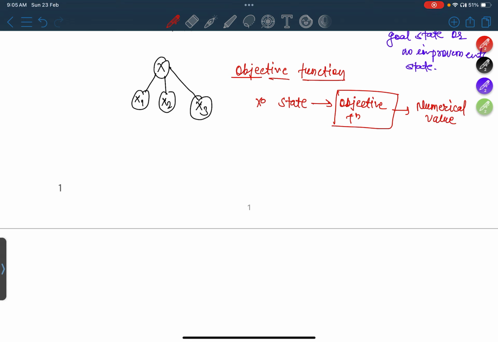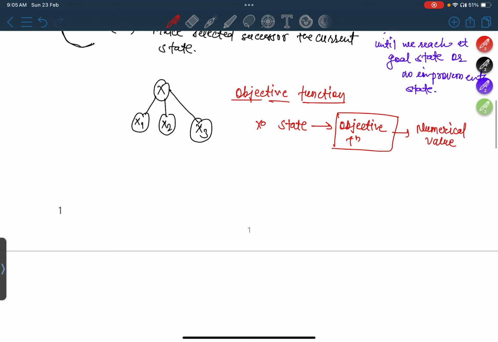It can also be called a heuristic function itself. So we can represent this as h.